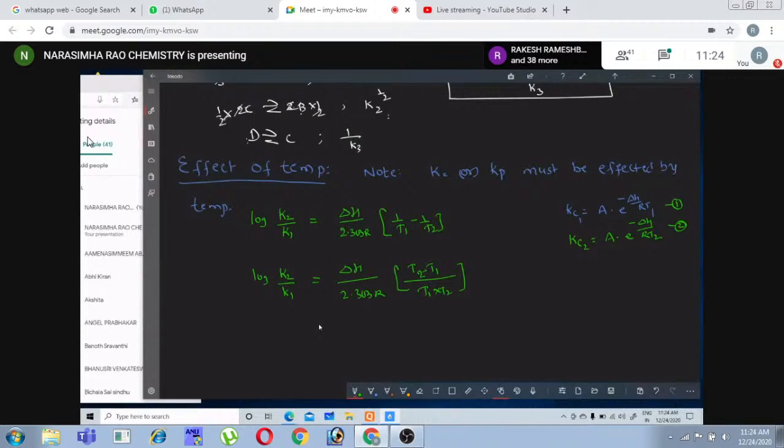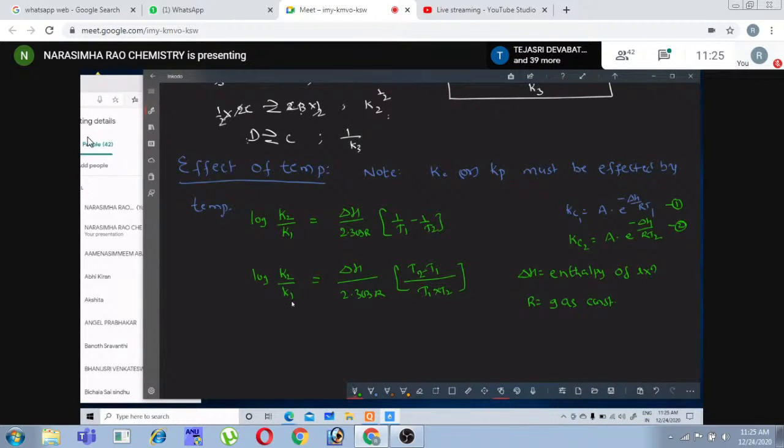Now I am applying it to the exothermic and endothermic reactions. Reminder, children, delta H is the enthalpy of reaction. R is the universal gas constant, generally taken as 0.0821.